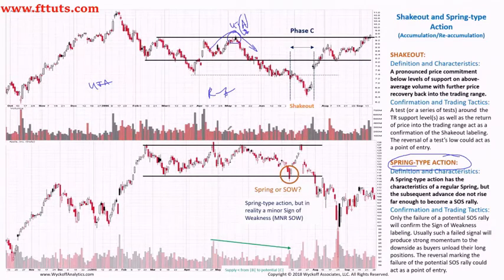We could see in the distributional structure that in some instances a sign of weakness could be interpreted as a spring. It would have the same characteristics where supply is diminishing going into the spring, where the commitment below the support is going to be just temporary, and just so perfect how it just sprinted like this and then came back the next day with the gap up.